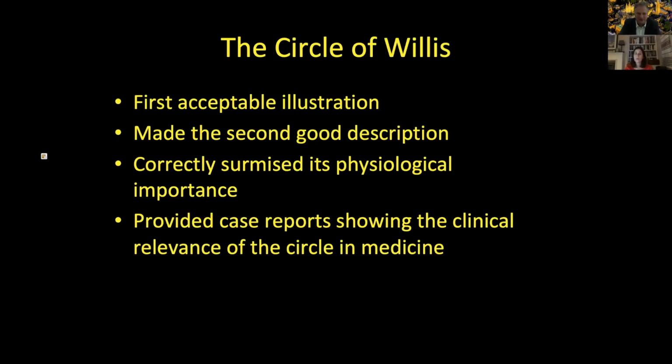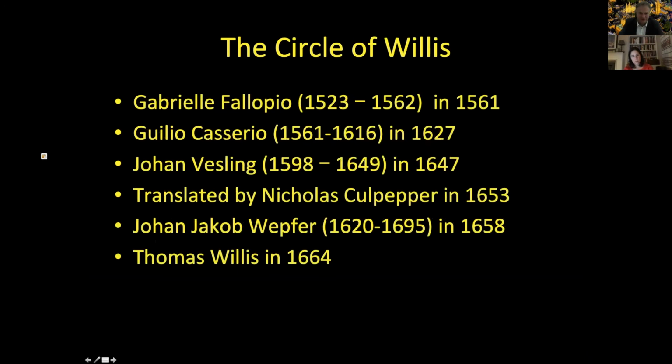He produced the first acceptable illustration, made the second good, or third or fourth good description, no matter how you count it, and then he correctly summarized the physiological importance, and also had some illustrations and case reports showing the clinical relevance. There were others who described some aspects of the circle, and Johann Jakob Wepfer from Switzerland had a very good description, but no illustration. So that's why it's called the Circle of Willis.